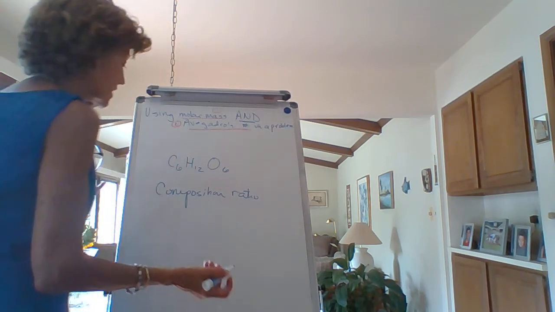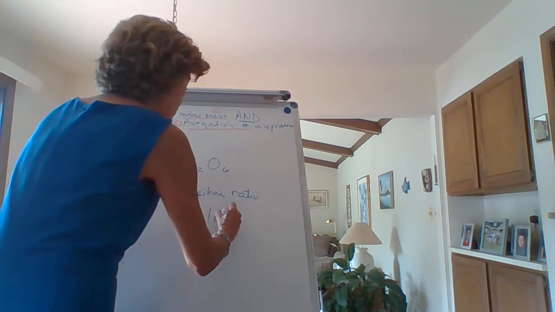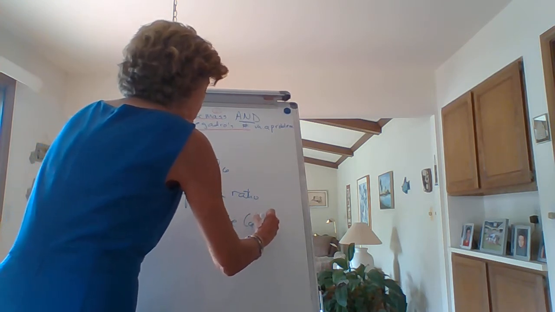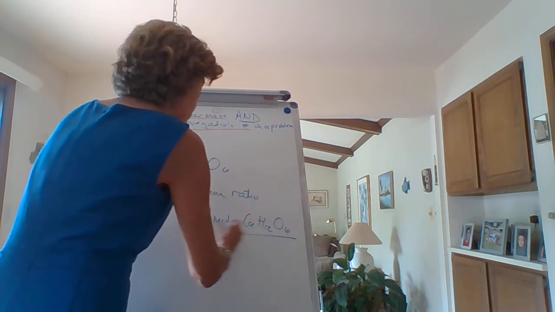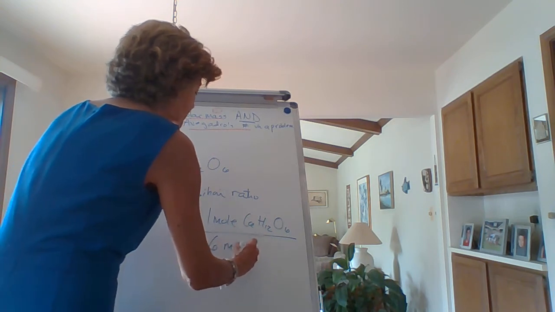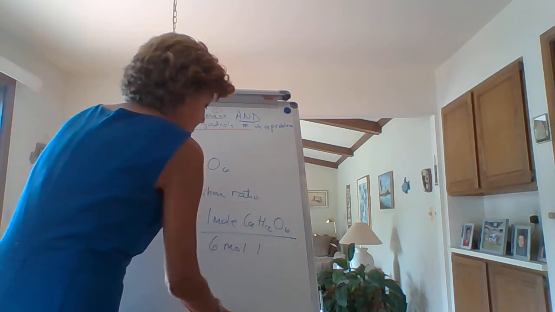So basically we can say for every 1 mole of C6H12O6, you have 6 moles of carbon.